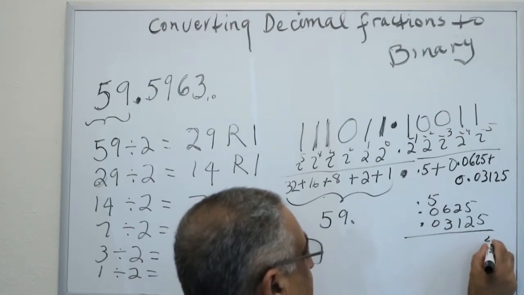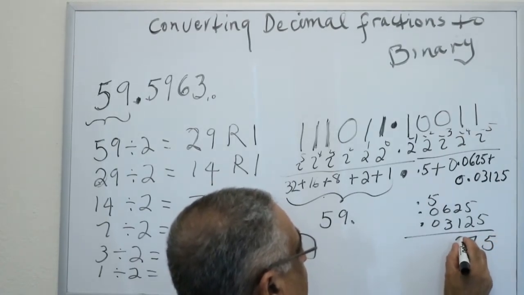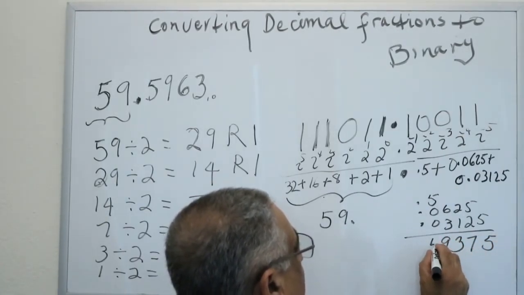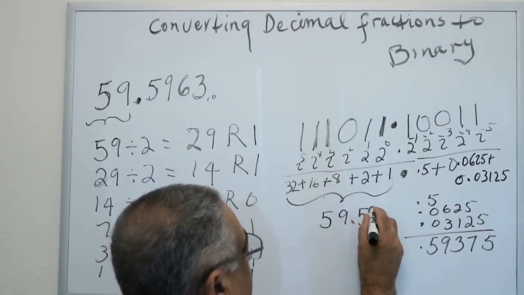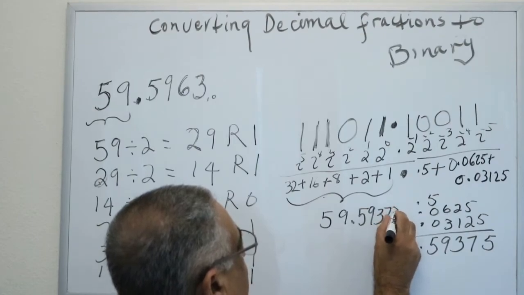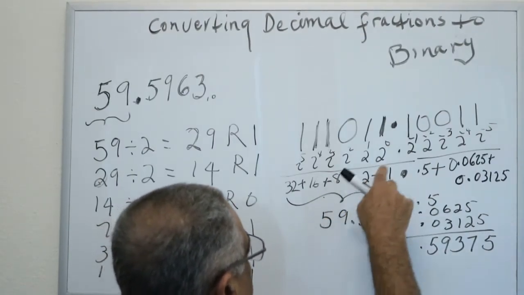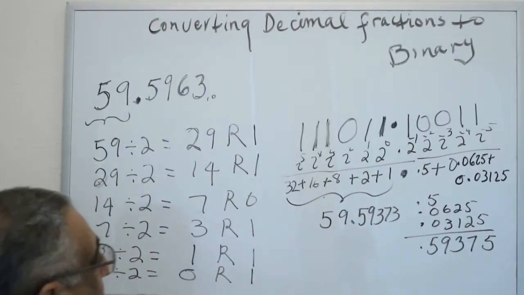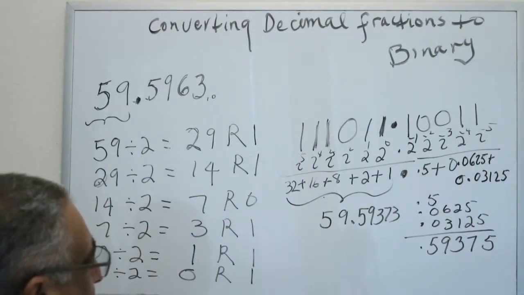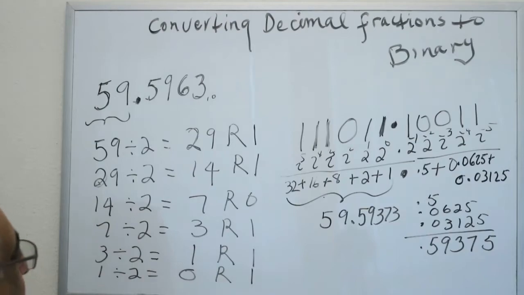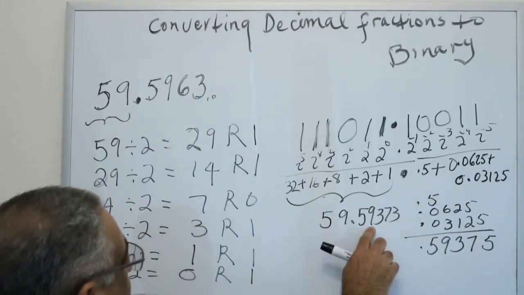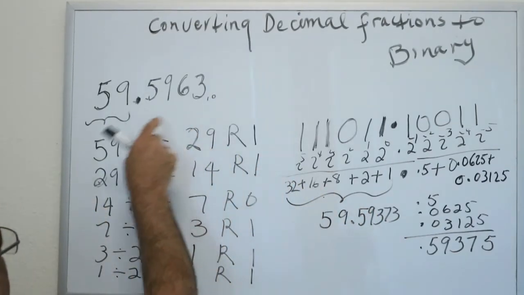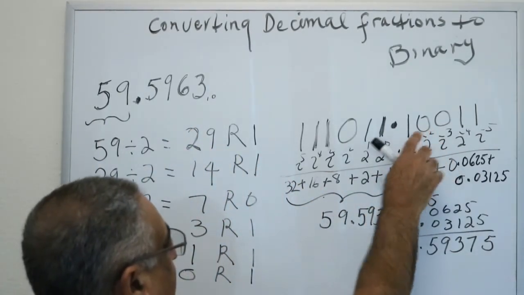If I add this, I get 59.59375. So the deeper I go, the more precision. If I have 5 digits of decimal precision, the more accurate the number is. So I get 59.59375, which is very close, and I just went up to 5 decimal places.